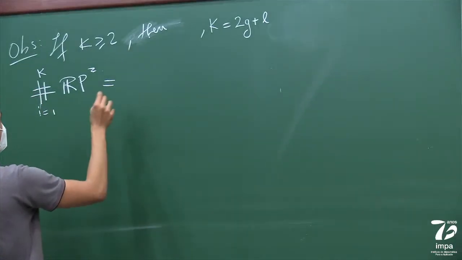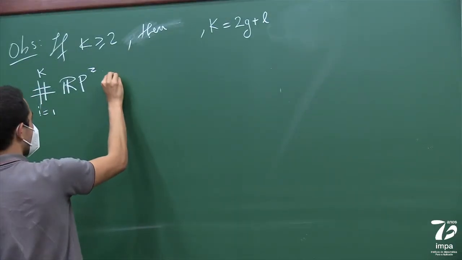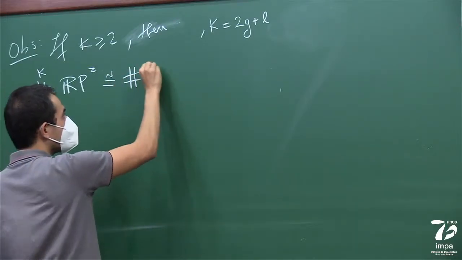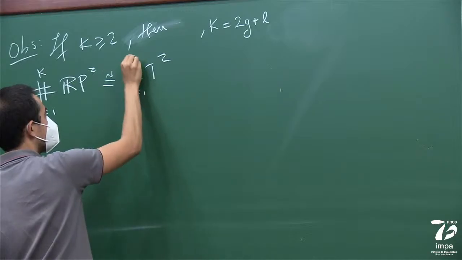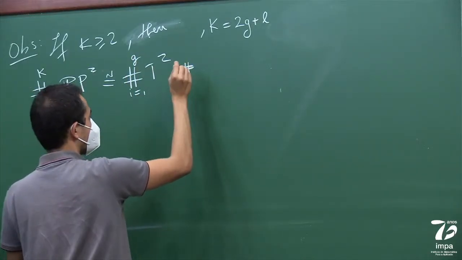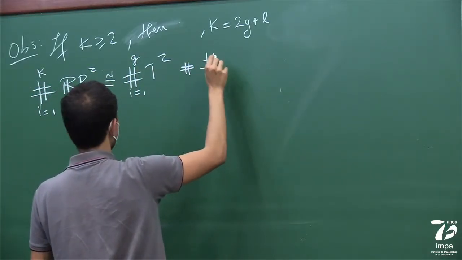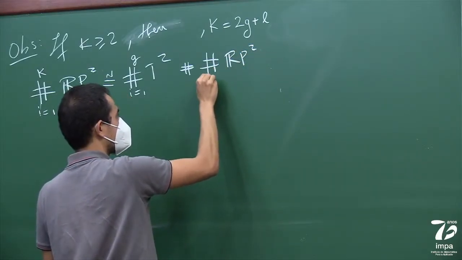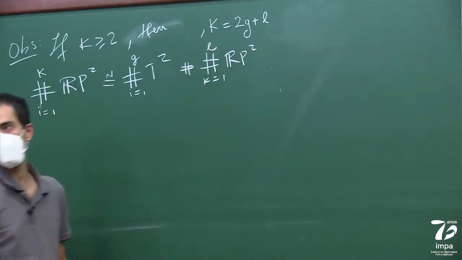And then the connected sum of RP2s is going to be diffeomorphic to the connected sum of G tori, and then the connected sum of L RP2s.